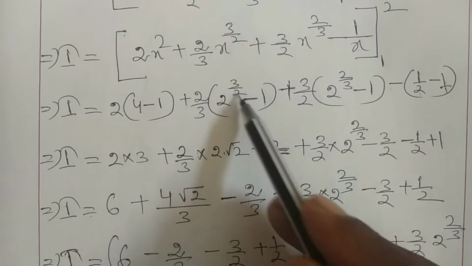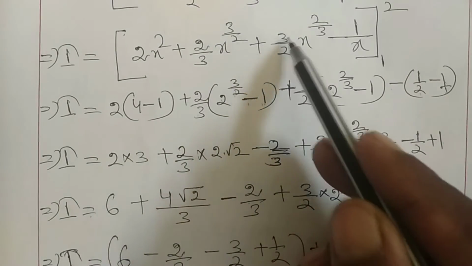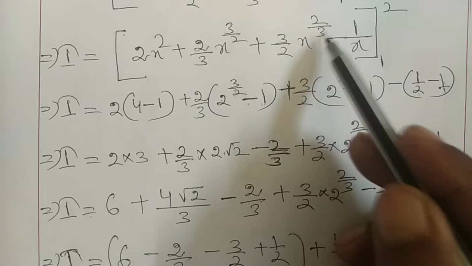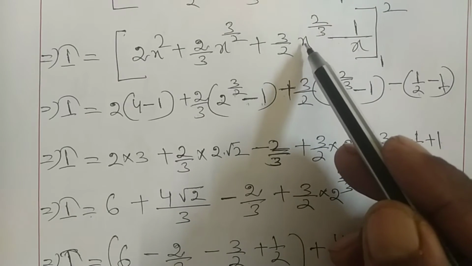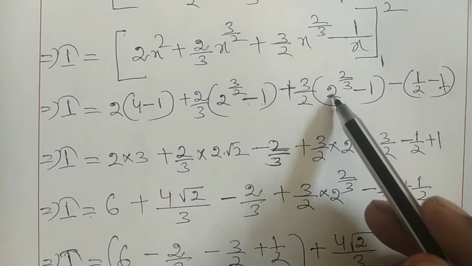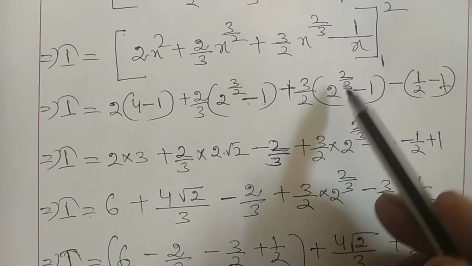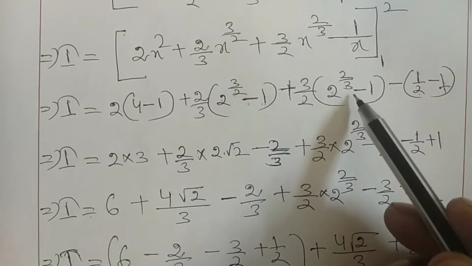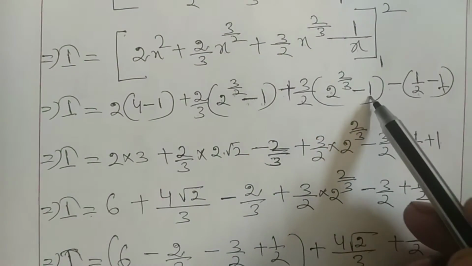So 2^(3/2) minus 1. Plus here 3/2, and here x^(2/3), putting upper limit 2, is 2^(2/3), and minus lower limit 1, that is 1^(2/3), which is equal to 1.